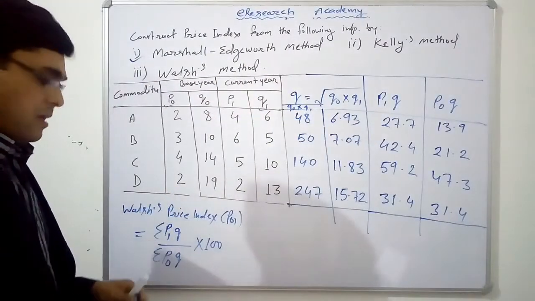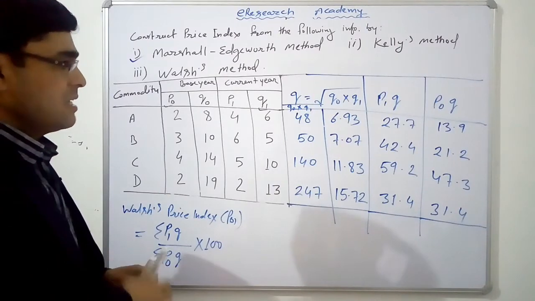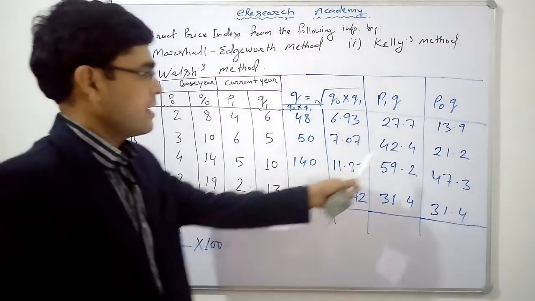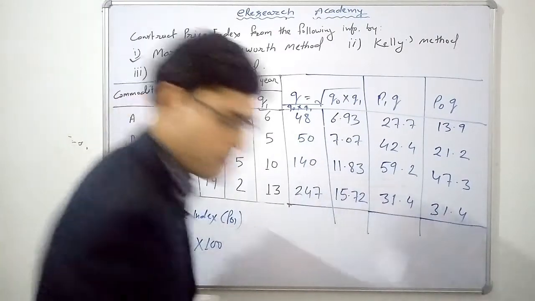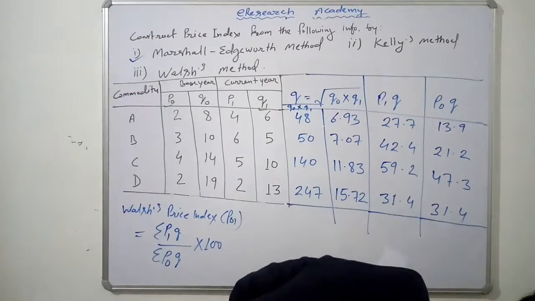Okay, so these are in only one decimal point, so we will have to take them in at least 2 decimal points.